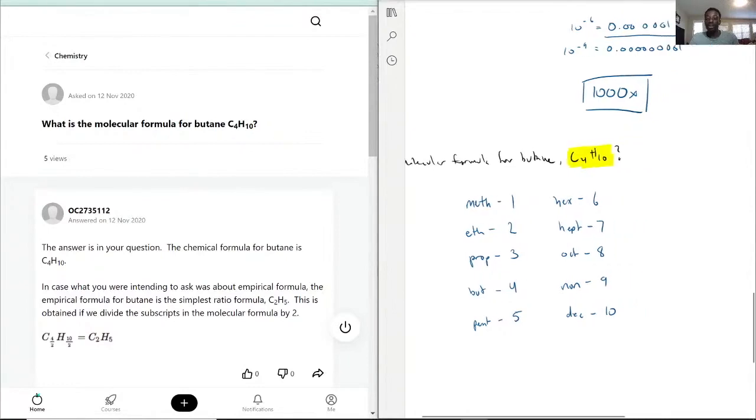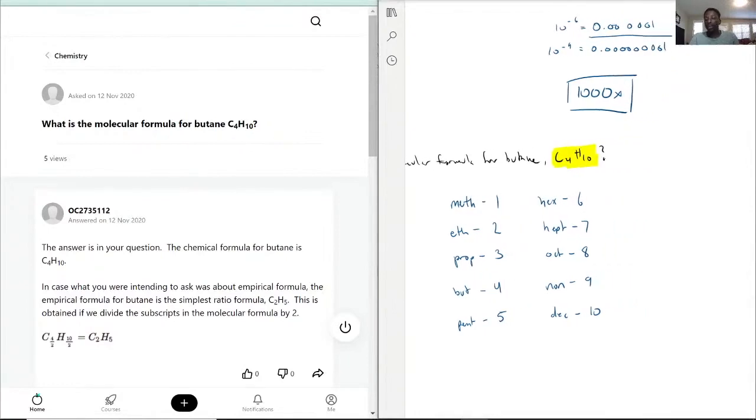Now, in regards to the suffix, this is where it gets a little bit trickier, and when they're just asking for the molecular formula, they just want you to be able to do the correct math. So when it ends with ane, the amount of hydrogens is 2n plus 2, where n is the number of carbons you identified.